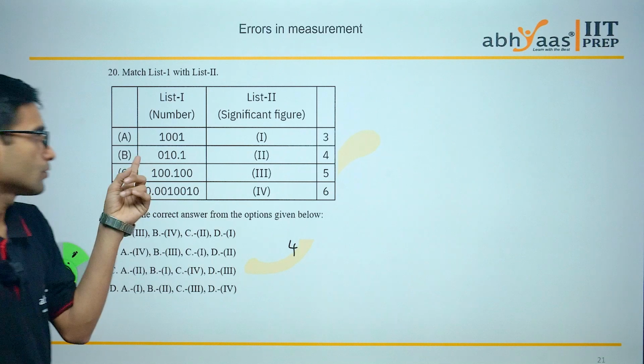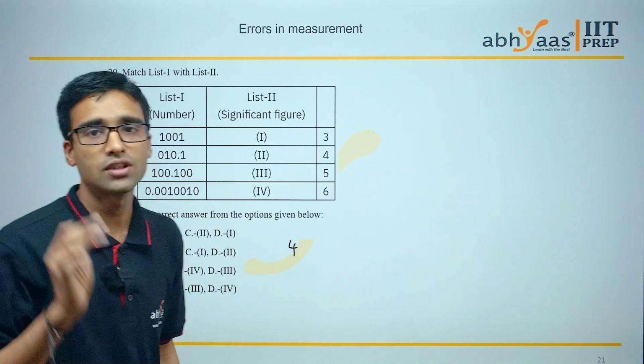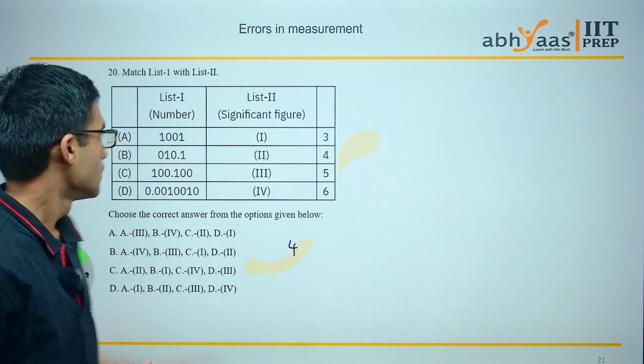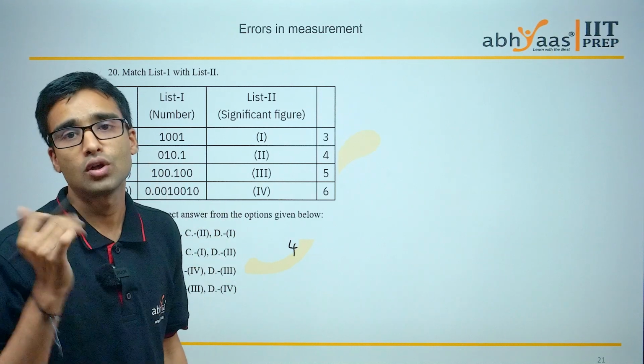Here, if you observe 010.1, the digits after the decimal are very important. But the 0 in front is a leading zero, and leading zeros are never significant.